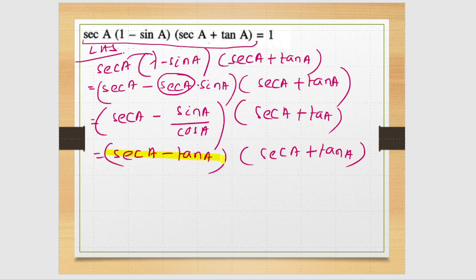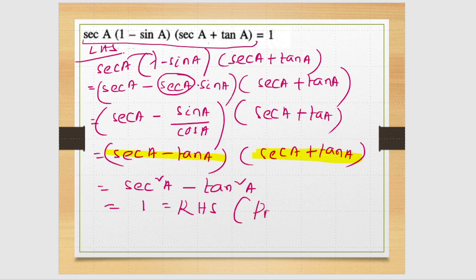This is a minus b, this is a plus b. Got it? So a minus b into a plus b is nothing but a² minus b². So sec²A minus tan²A, which again equals 1. So this is nothing but your RHS, and proved.